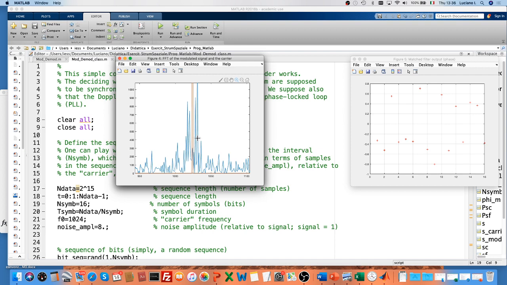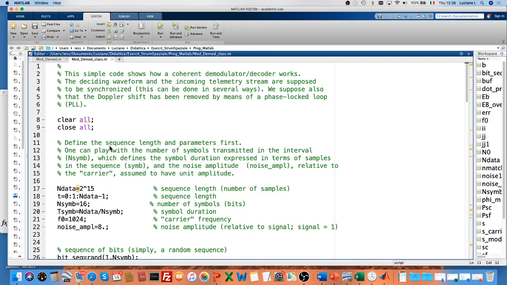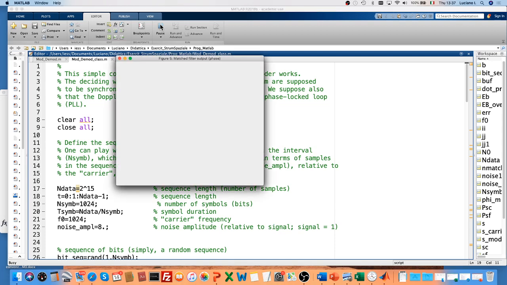We have only 16 bits we have transmitted in the sequence. If we increase, let us go back and see what happens if with this situation we transmit, for example, 124 bits, which is an extreme with this noise amplitude. So let us see what happens to the power spectrum.